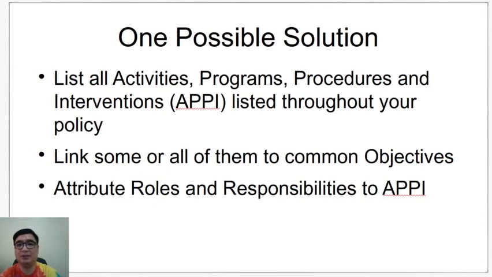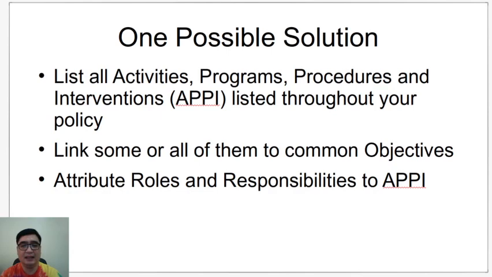So one possible solution is to approach this problem by listing all activities, programs, procedures, and interventions listed throughout the policy. And then link some or all of them to common objectives and attribute roles and responsibilities to APPI.